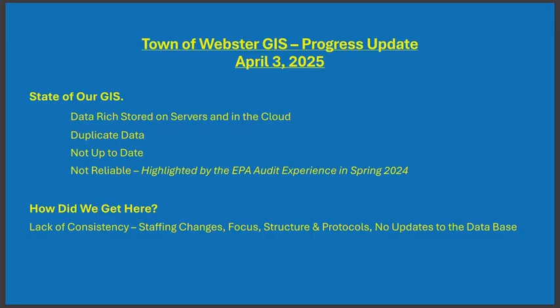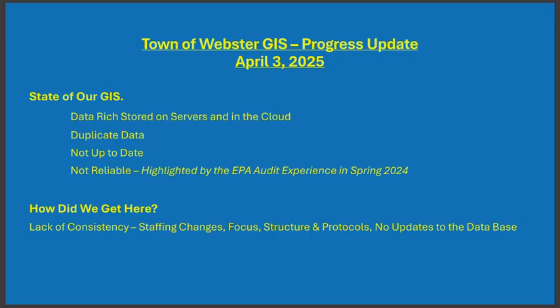So how did we get here? Well, I think the simplest way I can frame it is a lack of consistency. We've had several staffing changes. There have been priorities and changes in focus. We've not been consistent with updating as we should have been.